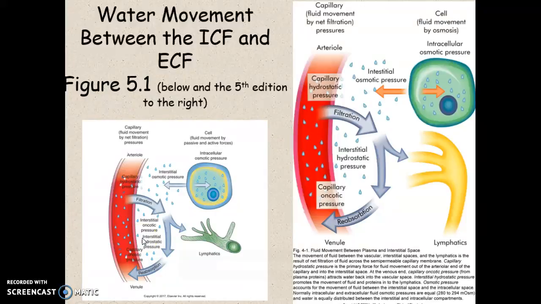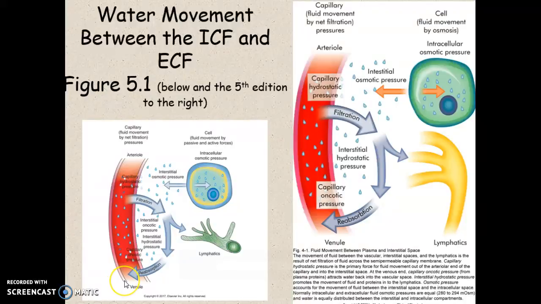What's not in your text is the capillary hydrostatic pressure here, and then the capillary oncotic pressure down here. Oncotic pressure is based on protein concentration. Albumin is one of the major proteins within the blood that works with maintaining the capillary oncotic pressure.